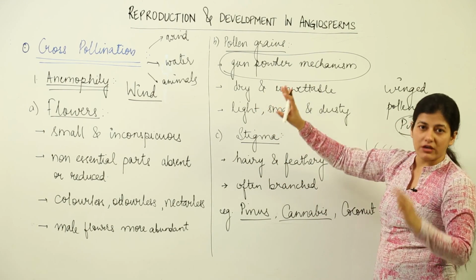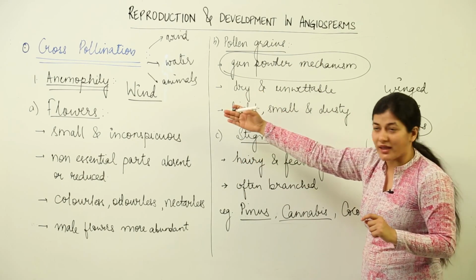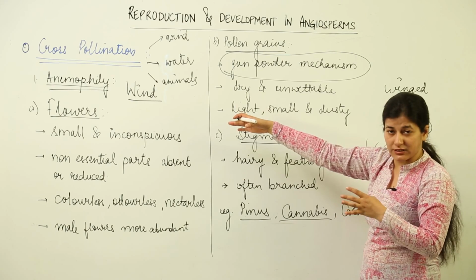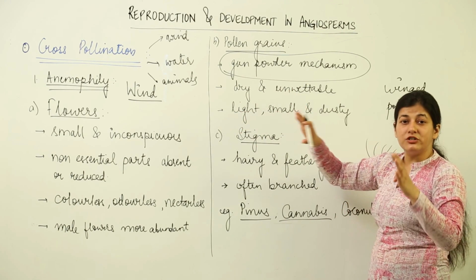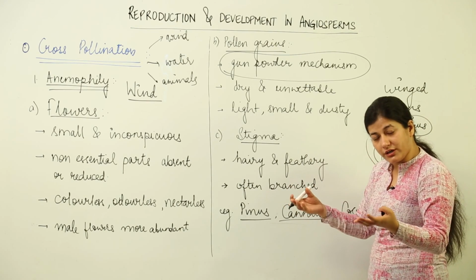Anemophily is highly wasteful in terms of pollens. So whichever flower adopts this method for cross pollination prefers to produce a large number of pollen grains.